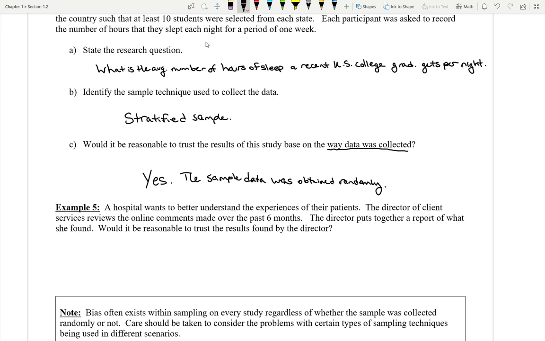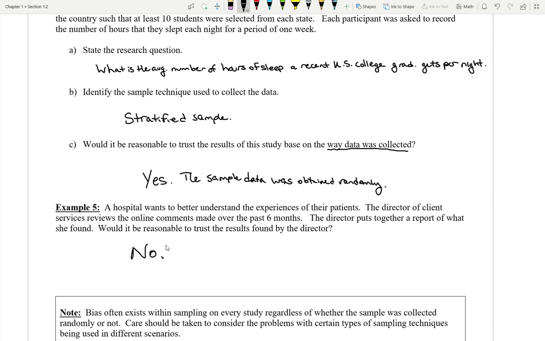Well, immediately I can see that if I go back to, well, wait, what was the sampling technique here? Was the data randomly collected? Were the comments collected from a random sample of individuals who use the hospital? In this case, no, it was just made by online comments. It was collected from comments that were just kind of convenient to collect. This here represents a convenience sample. And so while some of those comments might be relevant, in fact, many of those comments might even represent true and accurate experiences, they still collectively might not represent the common experience for the entire group of people that have used this hospital.